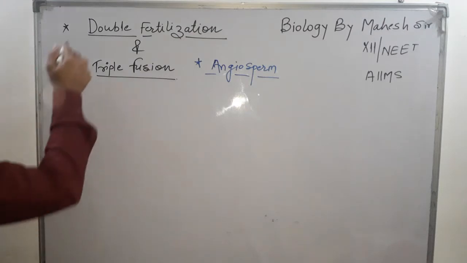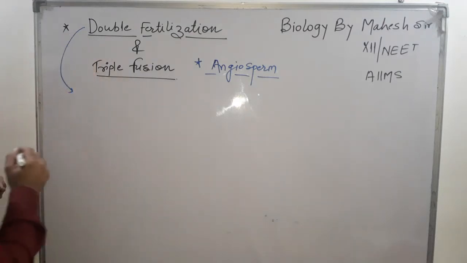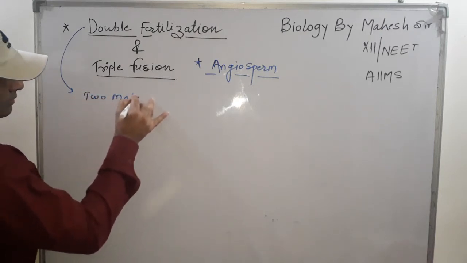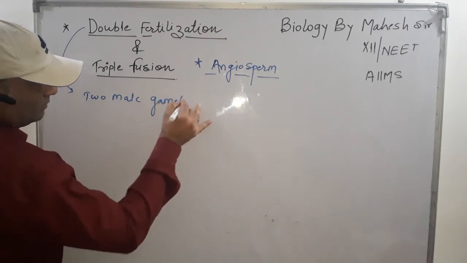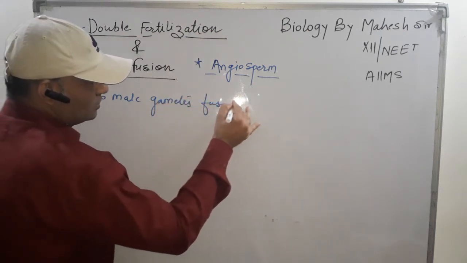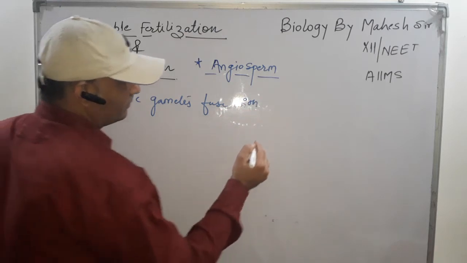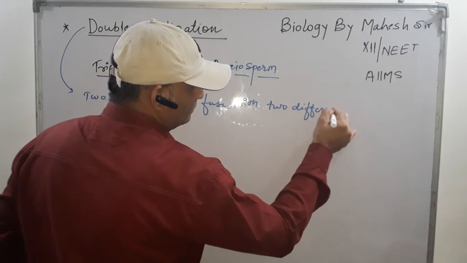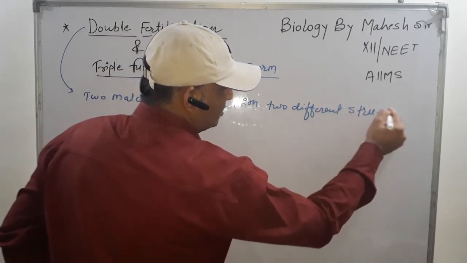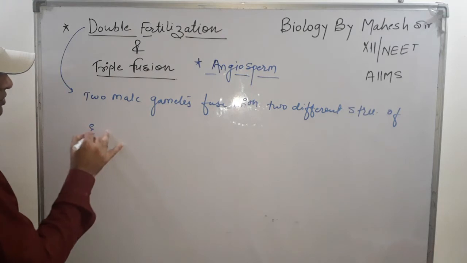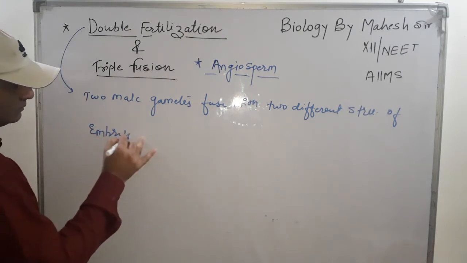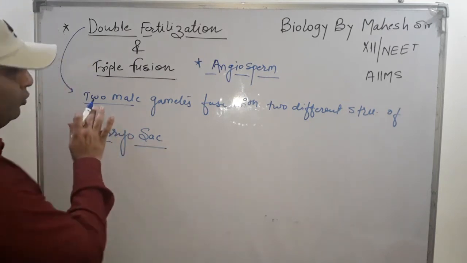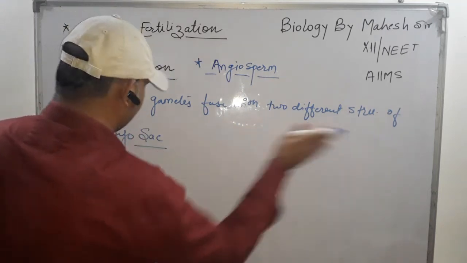Now first we take double fertilization, meaning the process by which the two male gametes fuse with two different structures of the embryo sac.